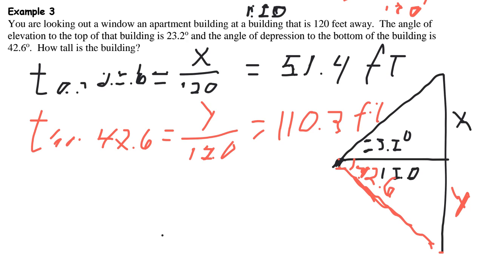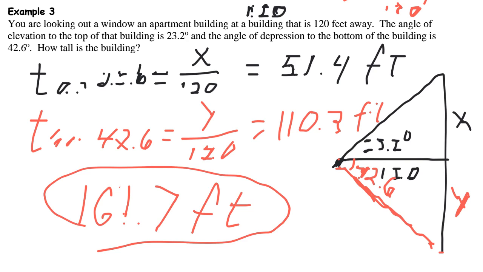That's the two pieces of your building added together. And you get, how tall is the building? 167. Whoops, my bad. It's 161.7 feet. And you just figured out how tall the building was.